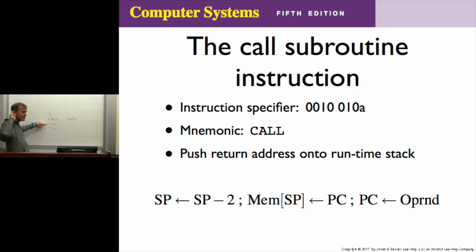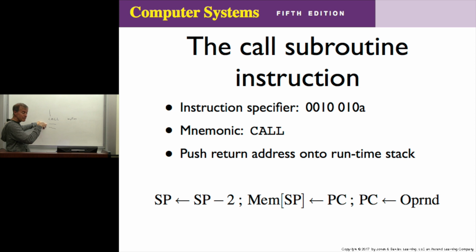Well, what did we say the program counter is at this point? The address of the statement after the call. Is everybody clear on this? This is super important. Are we getting it?